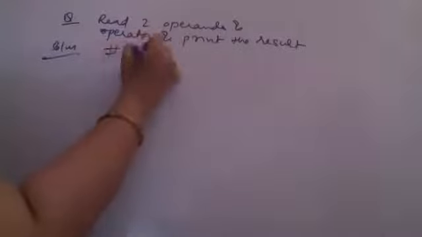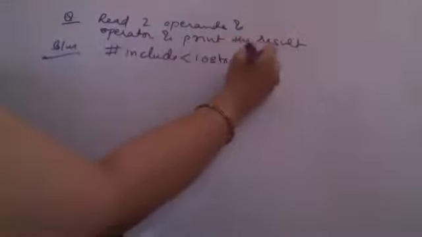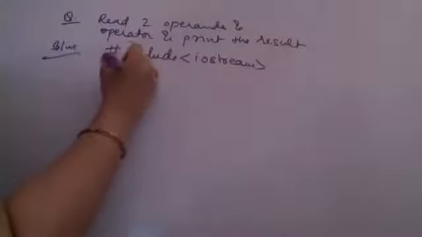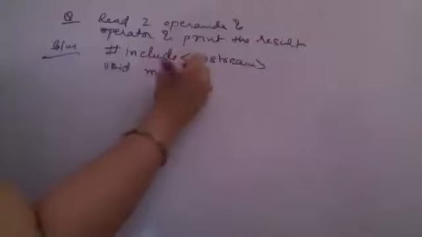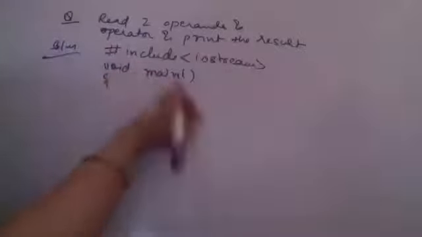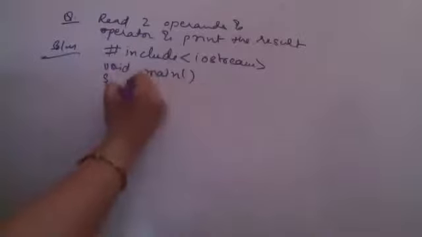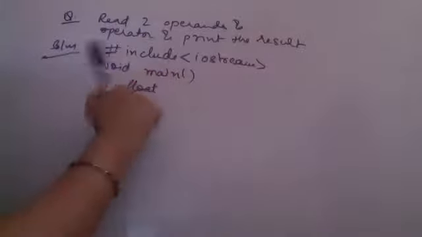So if you are considering a C++ program for this, I am moving to main. I am reading the operands directly and I am taking some operator. Now the operands can be float, integer, whatever you are taking. Supposedly I am taking operands to be of type float.